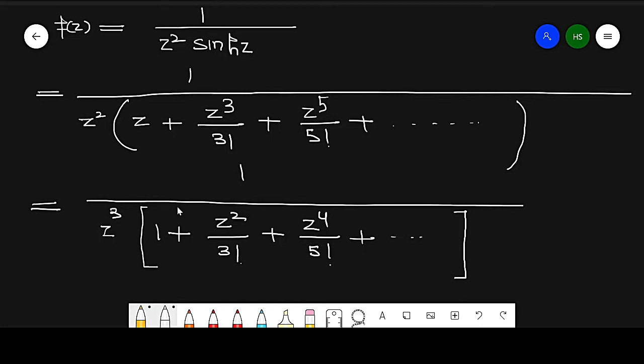Now clearly we see that z equal to 0 is a pole of order 3.